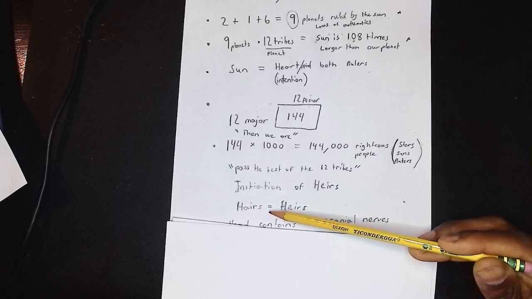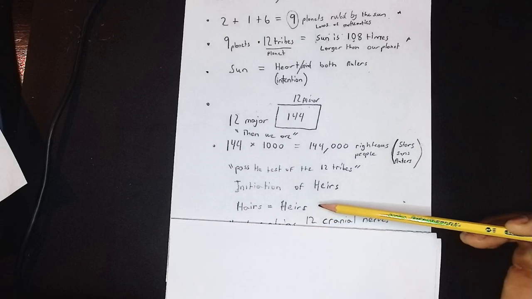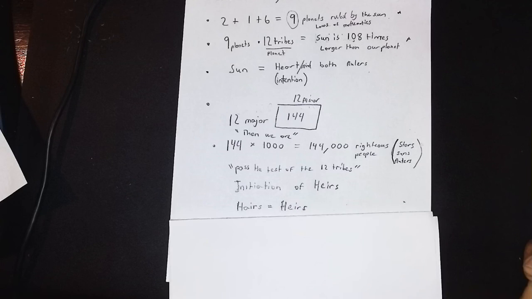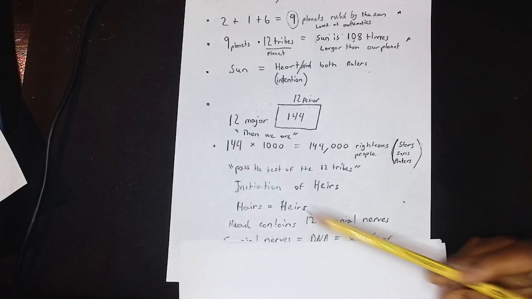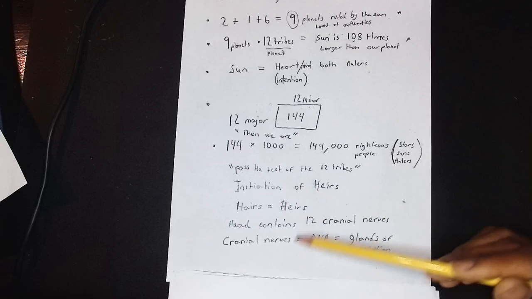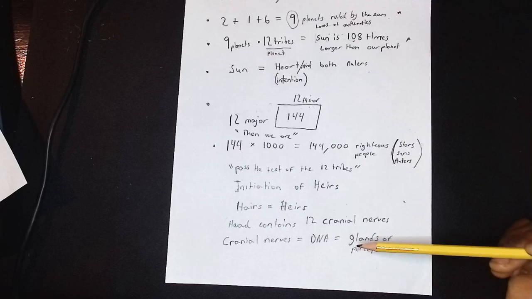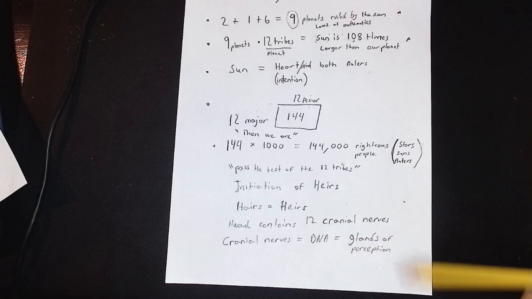That means the hairs here represent heirs, because he's something like a king looking for a kingdom. The head contains 12 cranial nerves, and the cranial nerves have to do with the DNA, which have to do with your glands of perception.